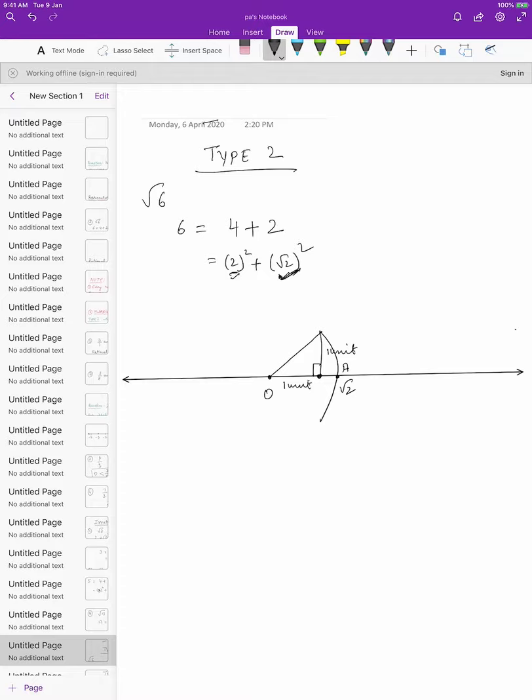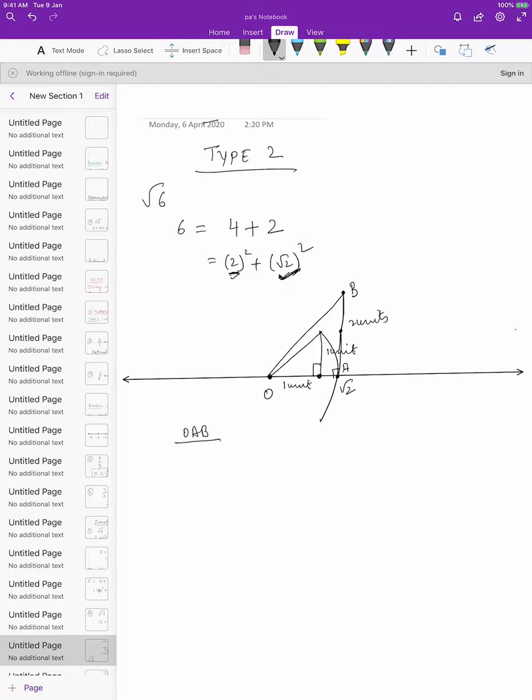Now let us take the other one, which is 2 units. So from point A, I will mark 2 units perpendicular to it. If I join this point B with O, I will get the right triangle OAB.